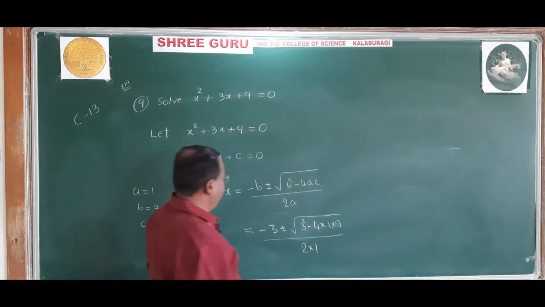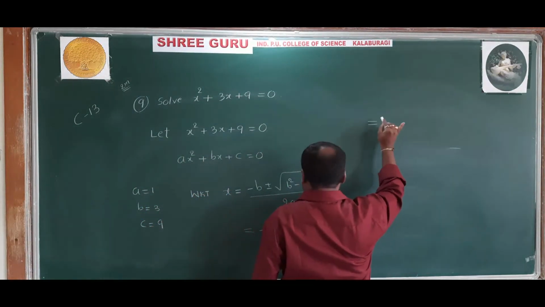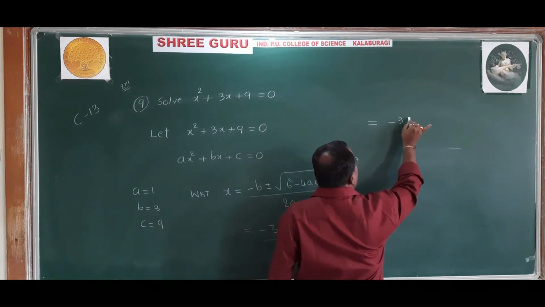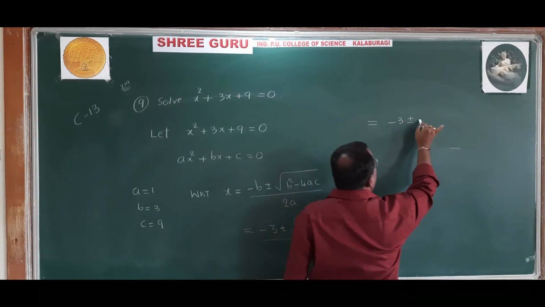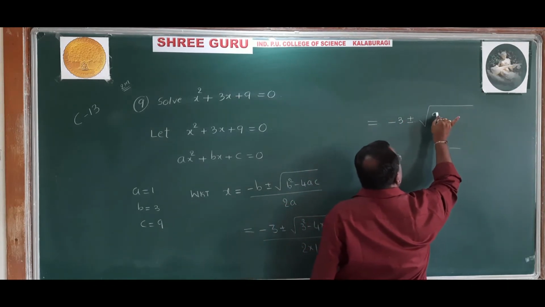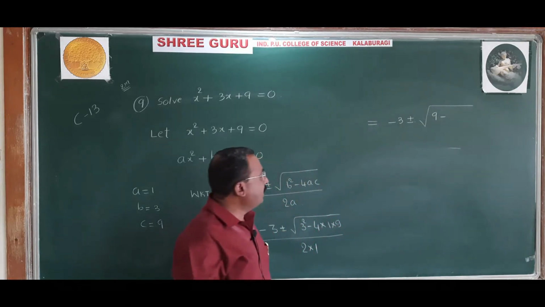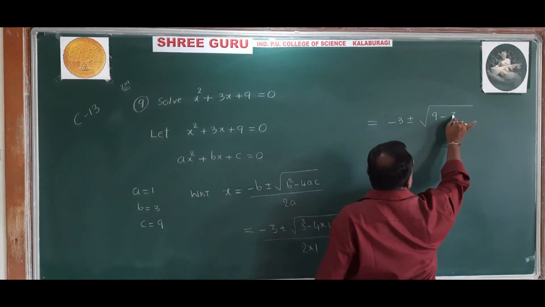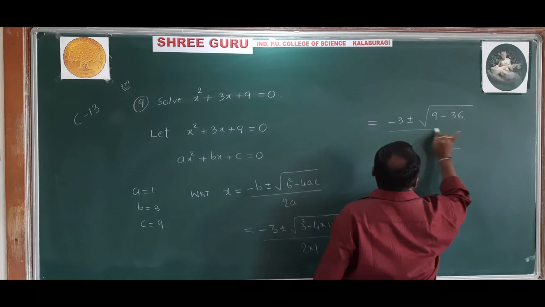That is equal to minus 3 as it is, plus or minus square root of 3 square, which is 9, minus 4 into 9, 36, divided by 2.